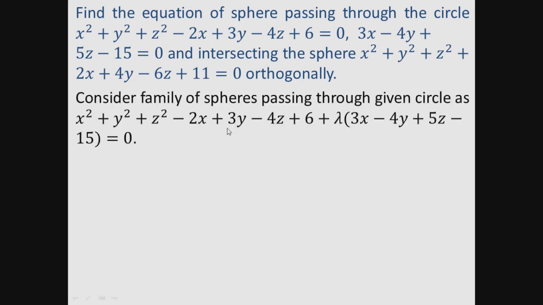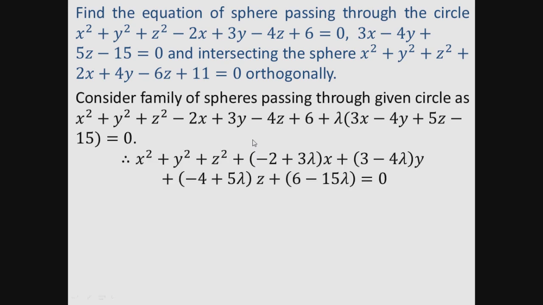So the family of spheres will be equation of sphere plus lambda into equation of plane. Simplify it, collect all x terms together, y terms together and z terms together. So that gives us x square plus y square plus z square plus (minus 2 plus 3 lambda) into x plus (3 minus 4 lambda) into y plus (minus 4 plus 5 lambda) into z plus (6 minus 15 lambda) equal to 0.